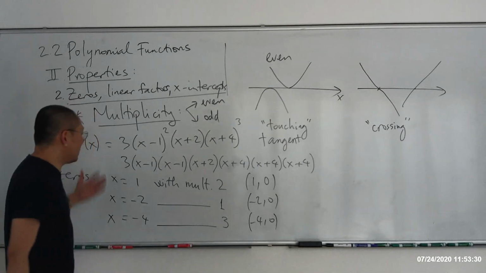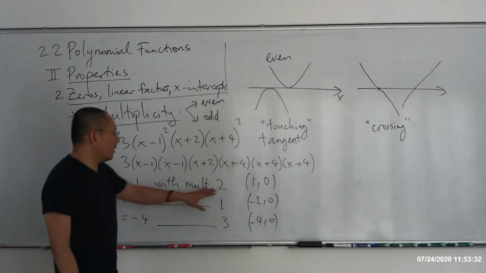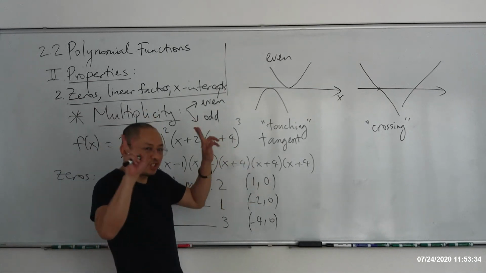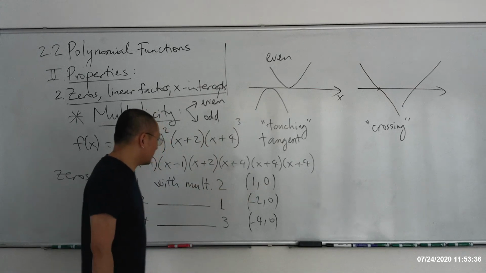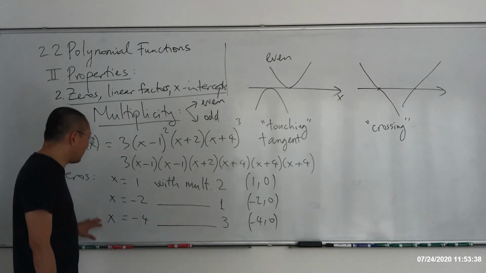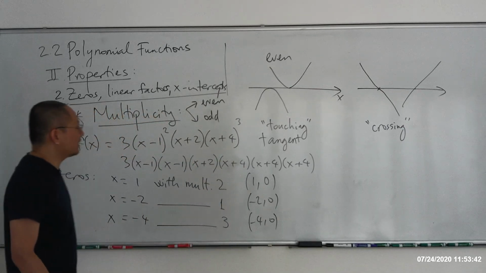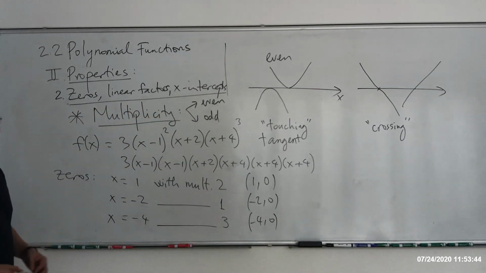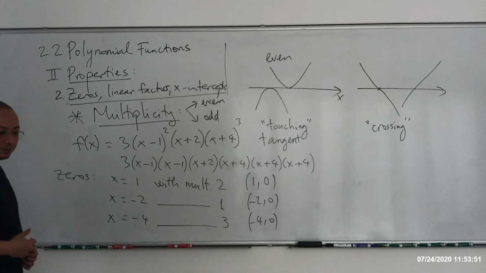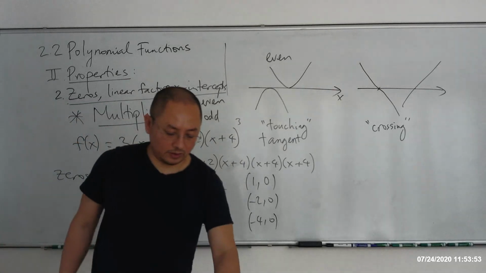So with this example right here, at x equal to 1, the graph will be touching, will be tangent to the x-axis. Okay. And at x equal to -4 and x equal to -2, the graph will be crossing the x-axis. It hits the x-axis, goes through. Okay. That is about multiplicity of the zeros or of the linear factor.